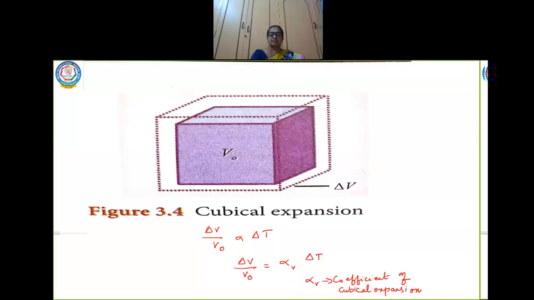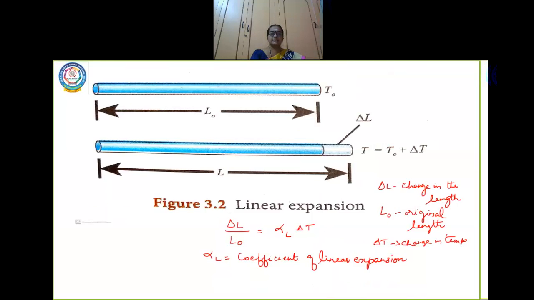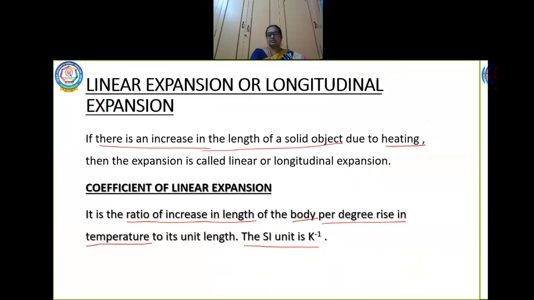So three changes we have seen. The first one is linear expansion or longitudinal expansion, which means if you heat a body, if there is an increase in the length of the body, then you call the expansion linear or longitudinal expansion.